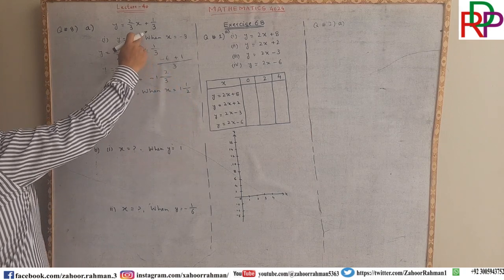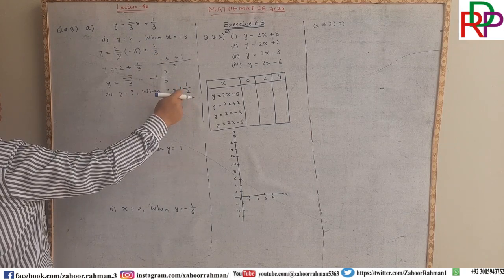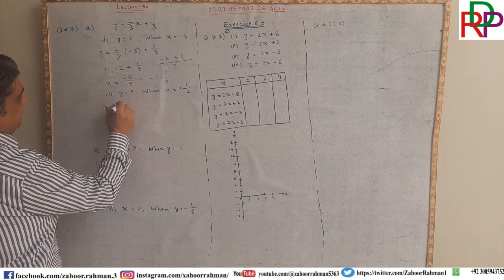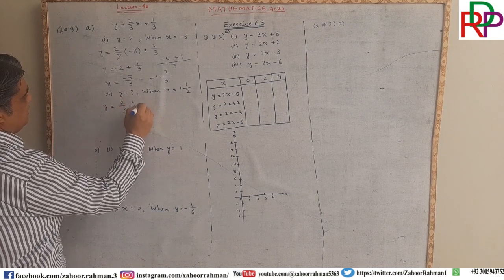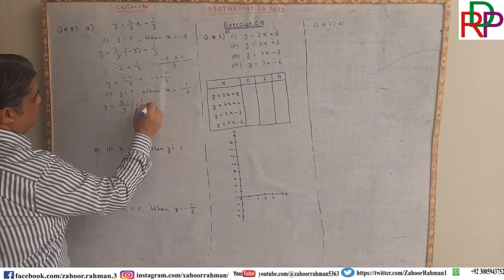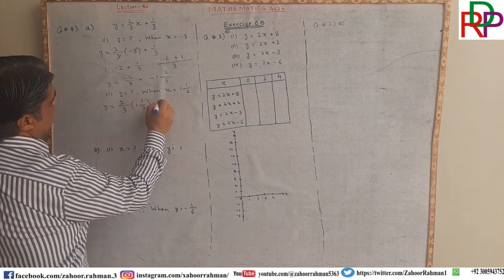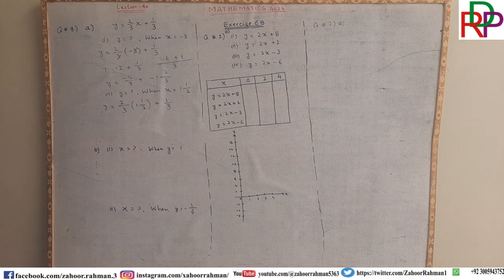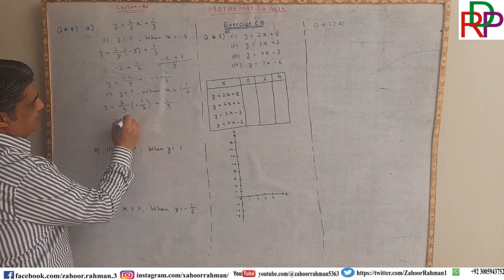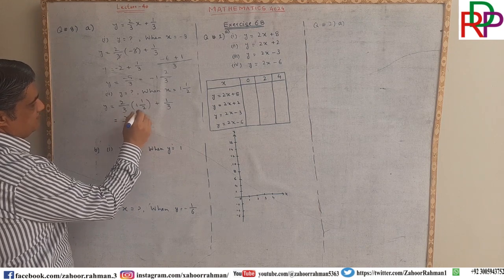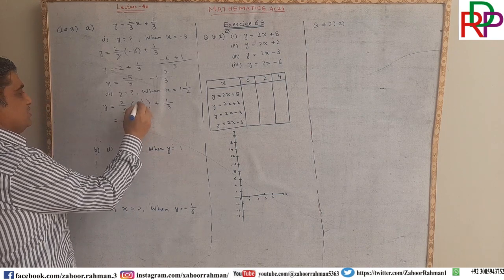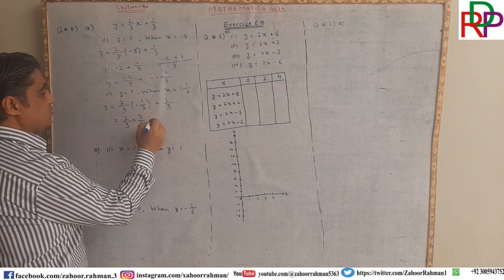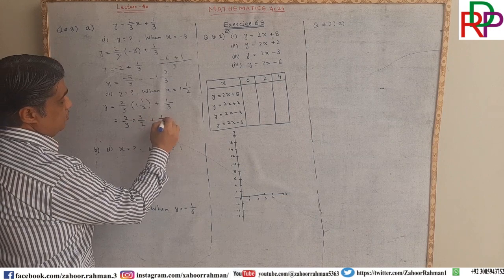Again we have to find the value of y when x is equal to 1 whole 1 over 2. So instead of x we have to put 1 whole 1 over 2, and as a result we will get 2 over 3, and then we will put 1 whole 1 over 2 plus 1 over 3. Ladies and gentlemen, first of all, we have to remove this mixed fraction. 2 ones are 2, and this will be 3 over 2 plus 1 over 3.